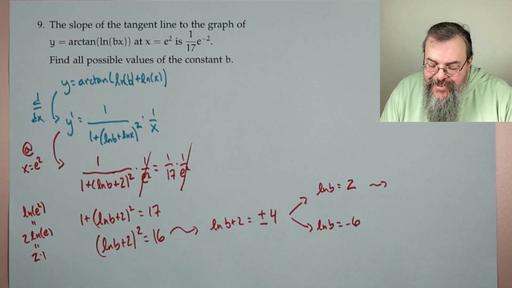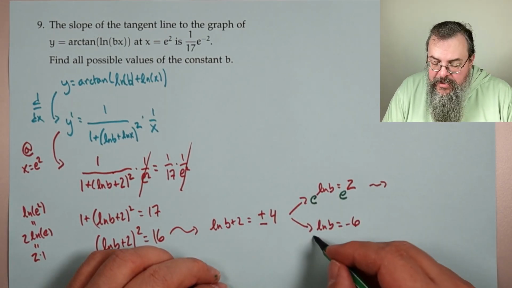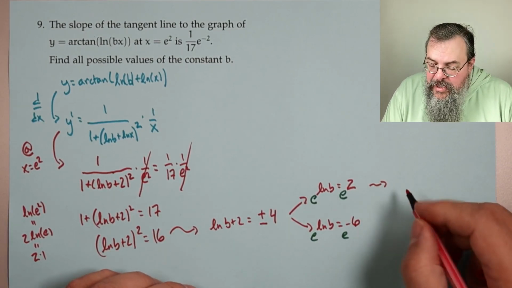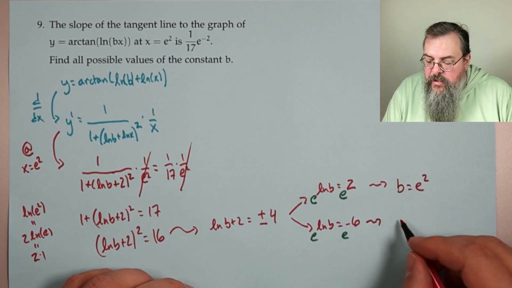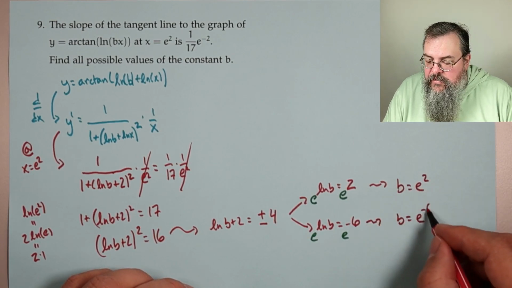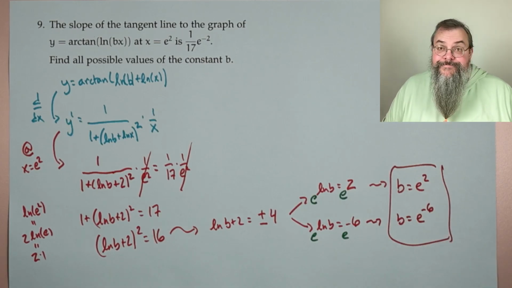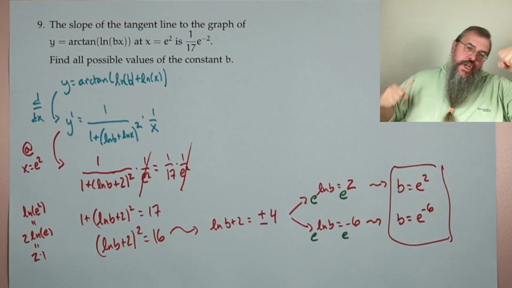Exponentiation. So e to log b is e to the 2, e to log b is e to the negative 6. So we get b equals e squared, b equals e to negative 6. And those are our two possibilities. And there we go. You did it. Woohoo! Yeah!